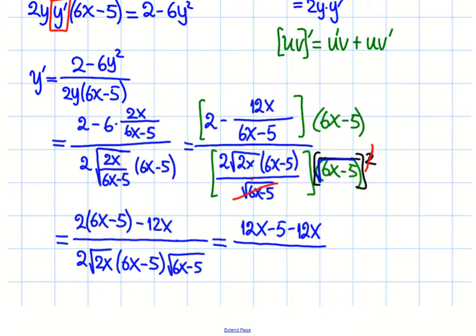The bottom, 2 times square root of 2x, and 6x minus 5 times square root of 6x minus 5. So the square root here, I can rewrite as 6x minus 5 to the 1/2. Combine this to the first power, we have 6x minus 5 to the 3/2 power. Finally, cancel the 12x.